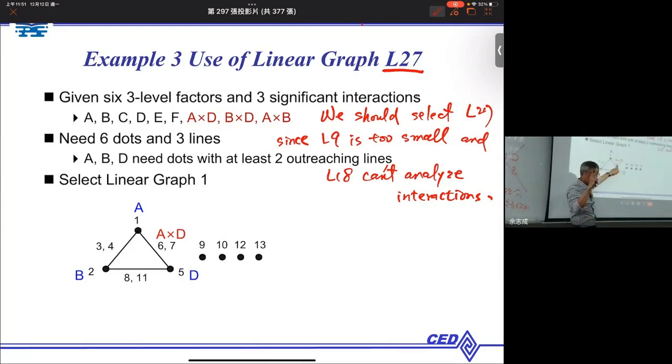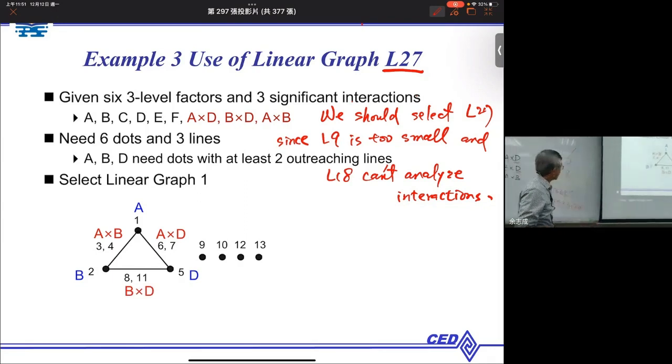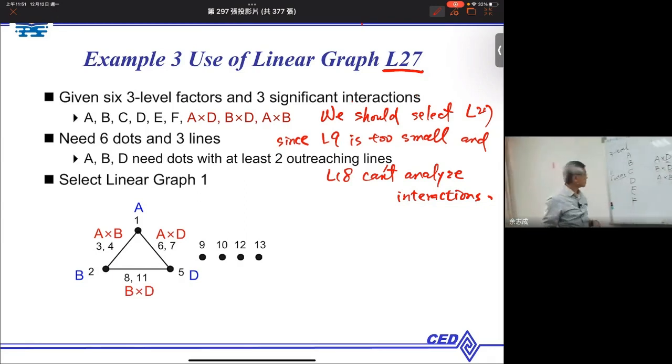See, 2 columns. Same thing, AB, 2 columns, 3 and 4. Same thing, BD. What else? We already assigned 3 factors. We still have 3 more factors to assign. ABD, okay. Then C, E, F.